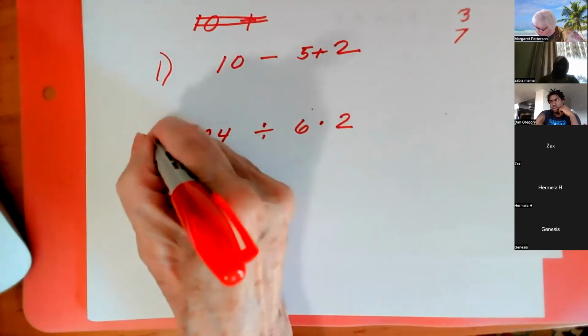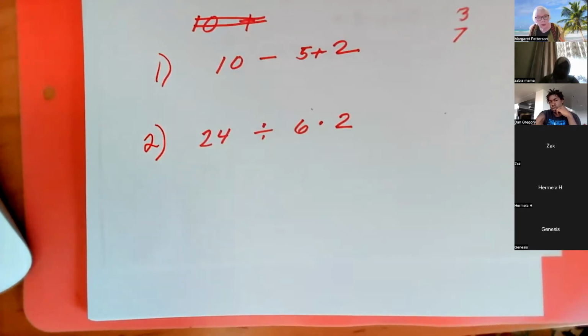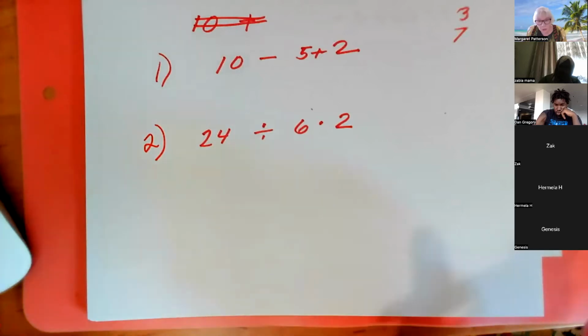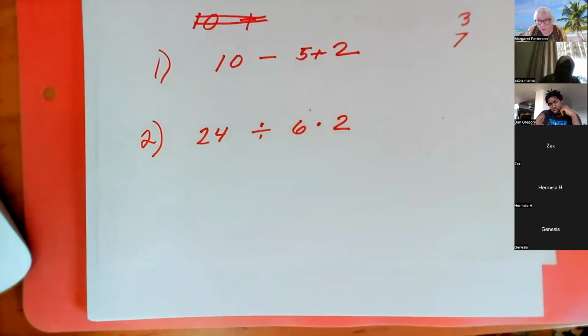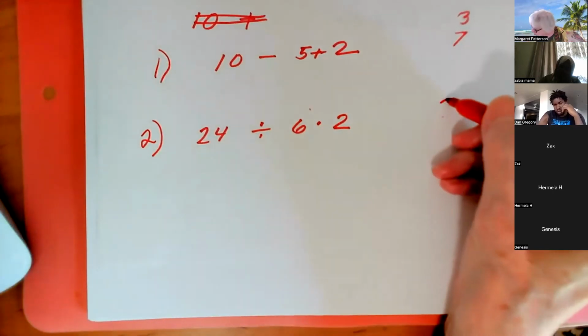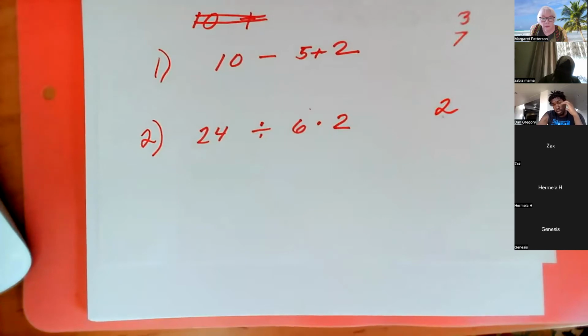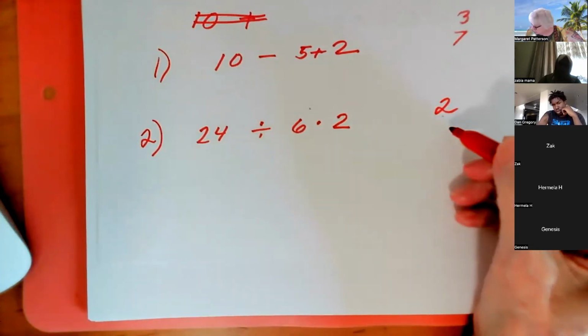What do you think the answer is to the second question? I'm looking for multiple answers here because I'm trying to make the point that we've got to get organized here. 2. I would think 8.